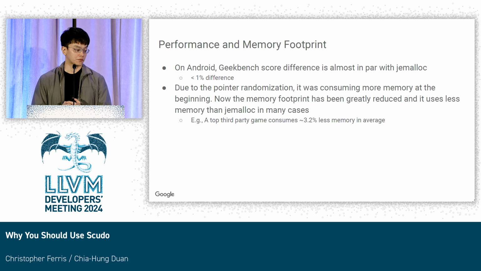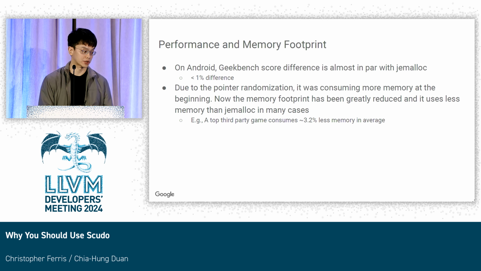Then we want to talk about performance and footprint, and we won't go into too many details here. Because we are working on Android, Geekbench is one of the most important benchmarks that everyone cares about. So far, the performance is pretty close to Jemalloc, which is the previous default memory allocator used in Android, with a difference of less than 1%.